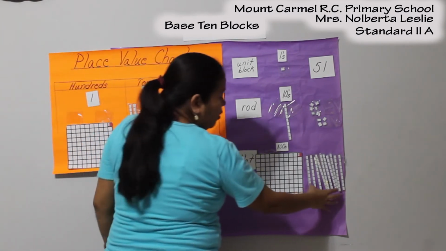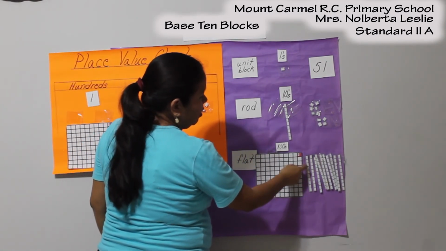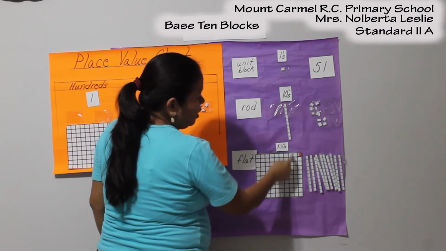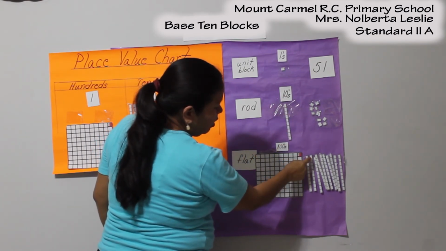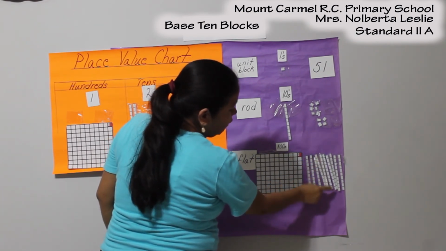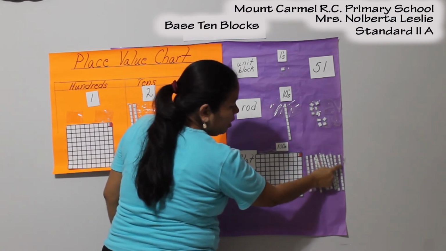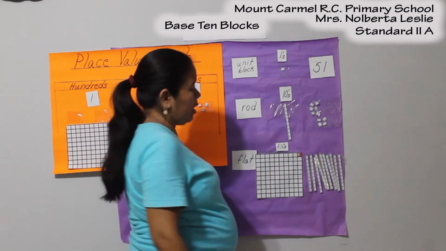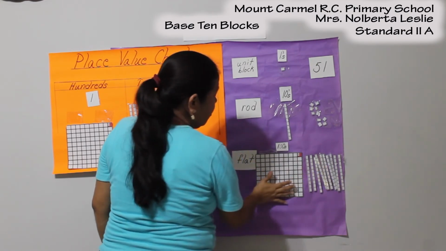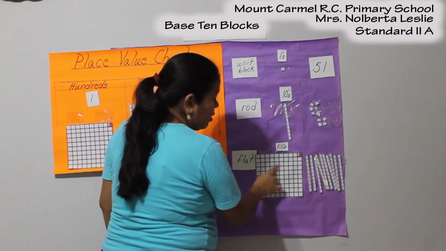We can also count by tens, right? Because remember, the rod has 10 little pieces. So if you count 10, 20, 30, 40, 50, 60, 70, 80, 90, 100. So you would know that there are 10 rods in this flat or 100 unit blocks.